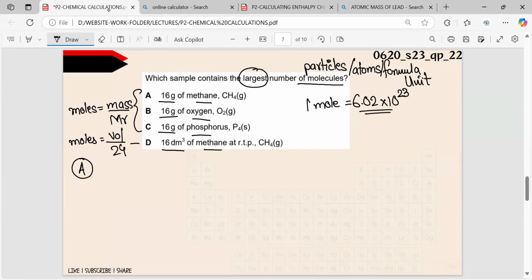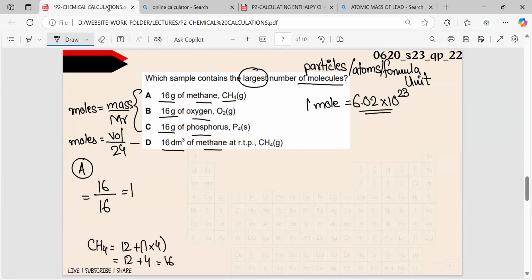So for option A, the number of moles will be mass 16 divided by the Mr of CH4. It's 12 plus 1 into 4, 12 plus 4, it's 16. So 16 divided by 16, it's 1.